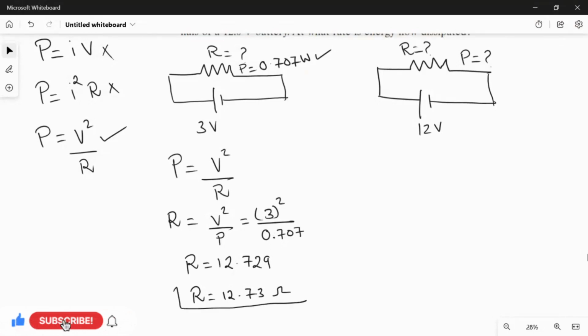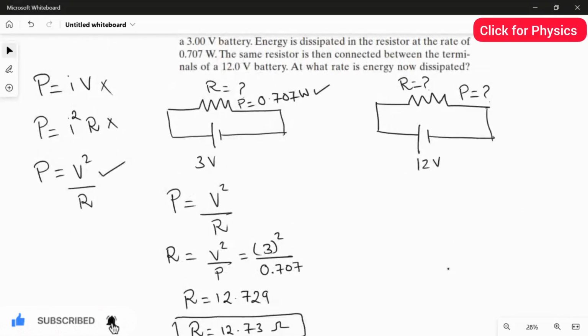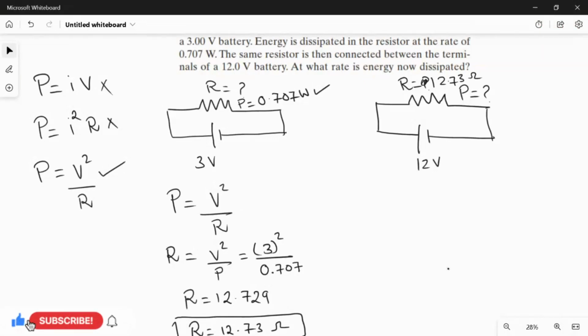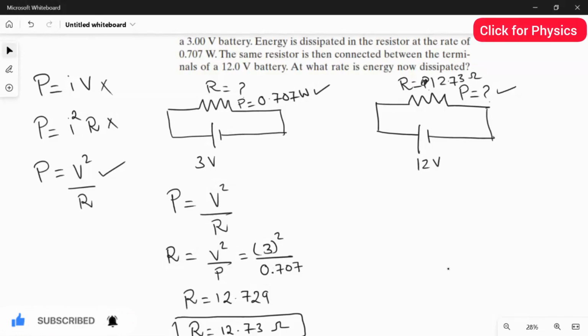This is the value of the unknown resistor. So now we have the answer for the unknown resistor, 12.73 ohm. Now it is very easy to get the answer for the power dissipated in this 12.73 ohm resistor.